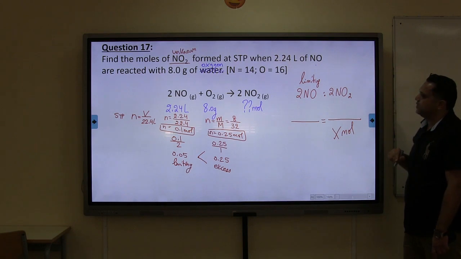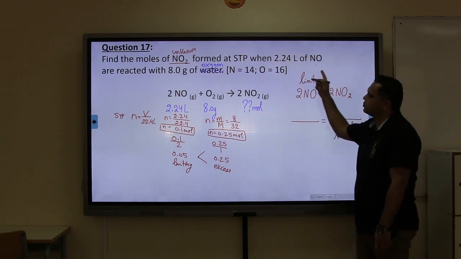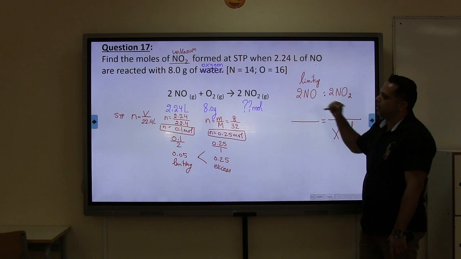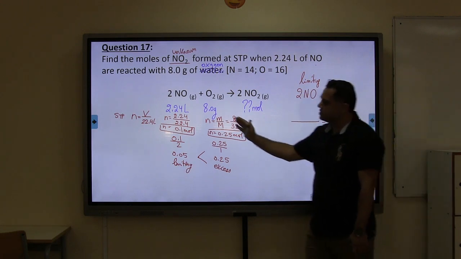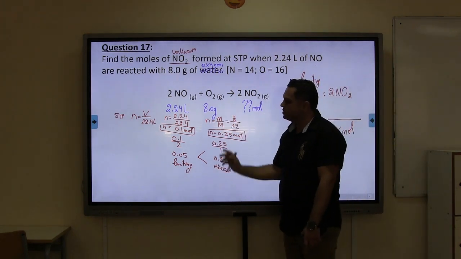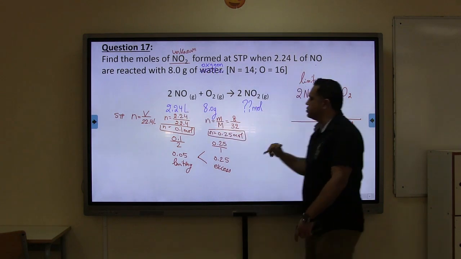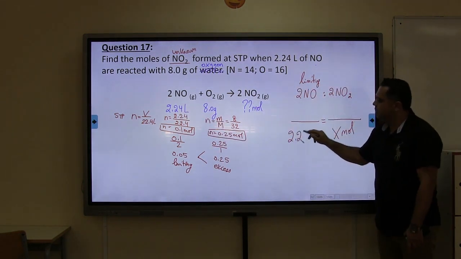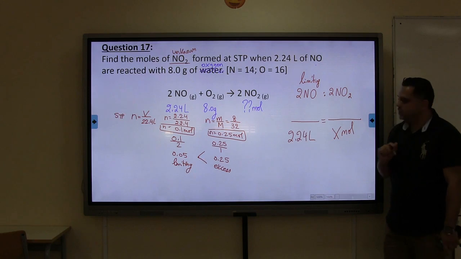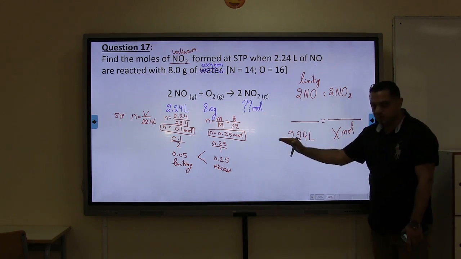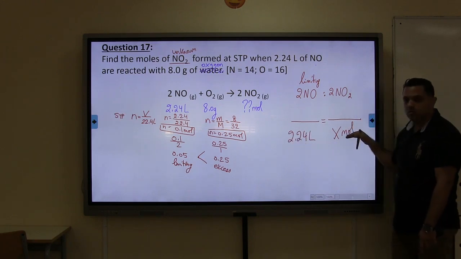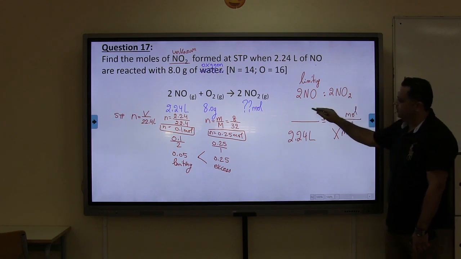So what was given? 2.24 liters of NO and 8 grams of the oxygen. Since oxygen is the excess, I will not use it. I will use the NO, which is 2.24 liters of the NO. So 2.24 given, unknown, here mole, and here liters.